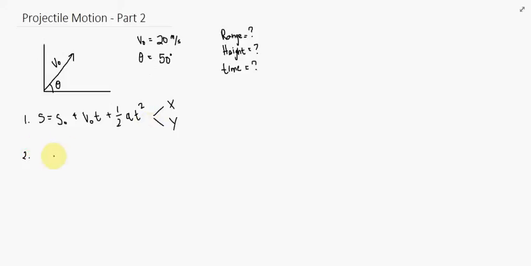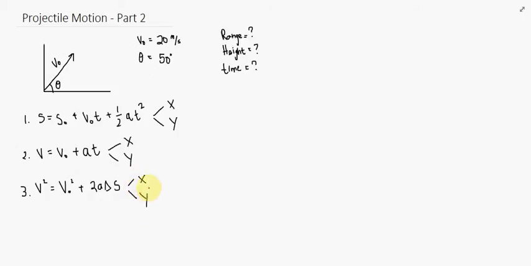The other equation is that we have some final velocity is equal to some initial velocity plus acceleration times time. This can also be divided into x and y components. And we also have a third one, which is the final velocity squared is equal to the initial velocity squared plus 2 times acceleration times the change in distance or displacement. And again, this can be divided into x and y components.